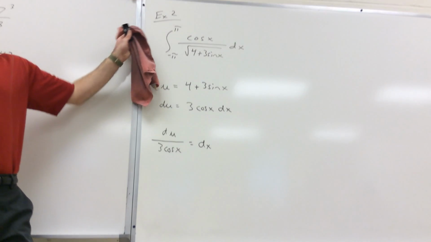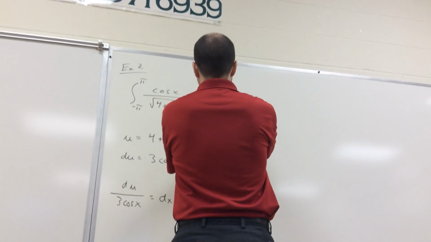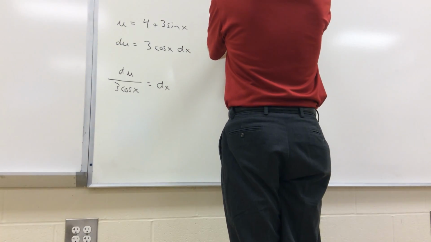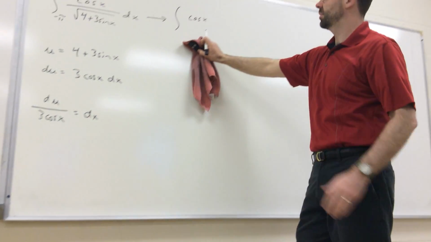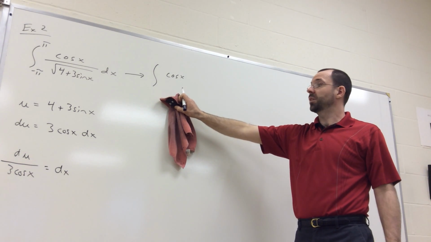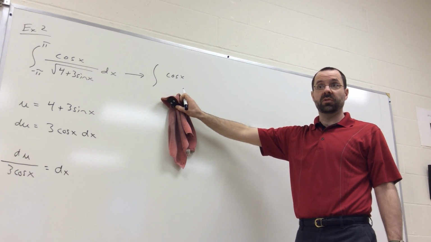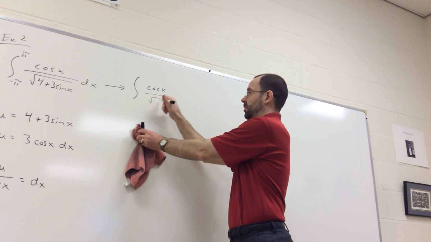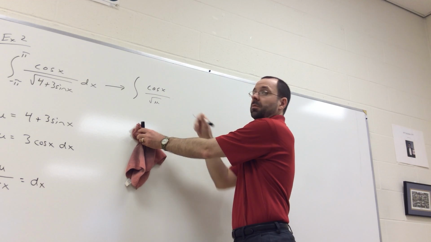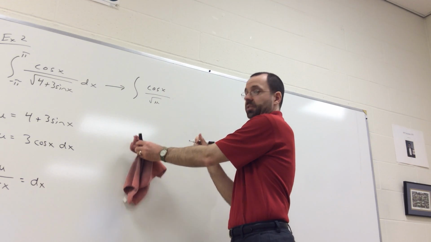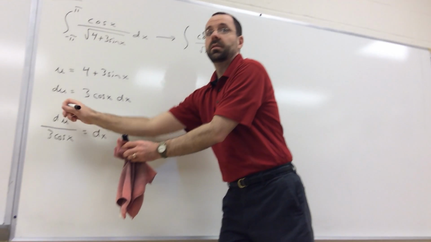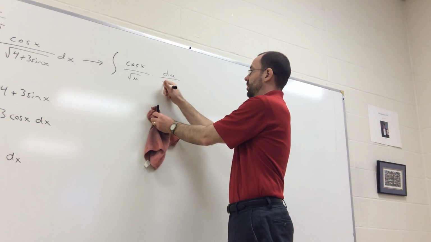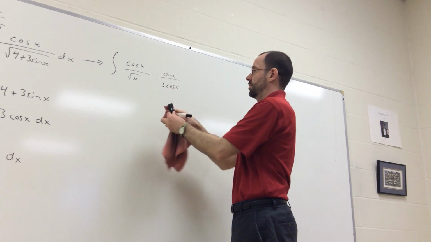So then you translate. Integral, cosine of x is still there. Then it would be over the square root of u. And then dx gets replaced by all of that, so du over 3 cosine x.